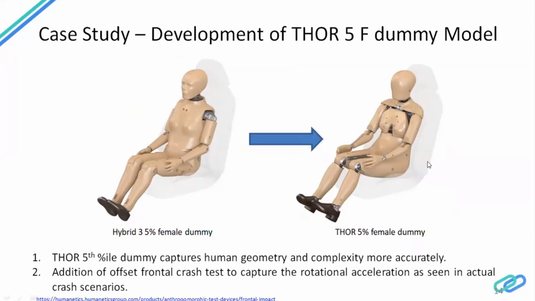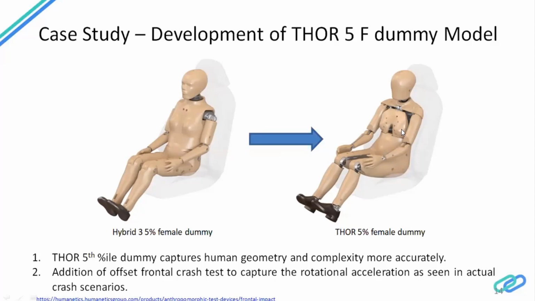So from outside you can see there are a lot of differences in their body structure. So what was the major motivation behind this upgradation? Now, one of the major is that they wanted to include certain complexity. So for example, the thigh region here is more accurately represented in the THOR 5th female.